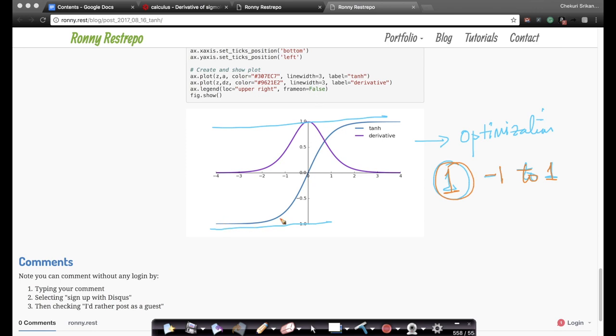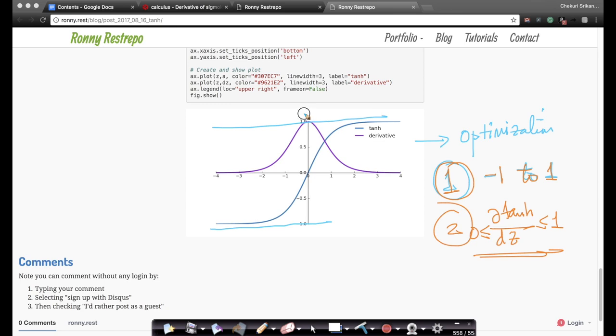But otherwise, if you look at this curve, it also looks exactly like the sigmoidal curve. Number two, if you look at the derivative of tanh with respect to z, again, the minimum value of the derivative is 0. It lies again between 0 and 1. This purple line, or the violet line here, is the derivative of the tanh function.